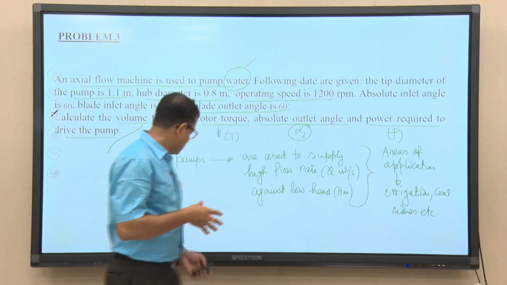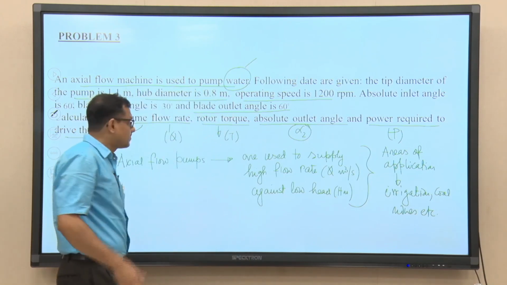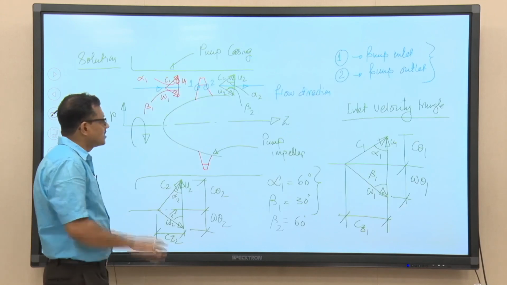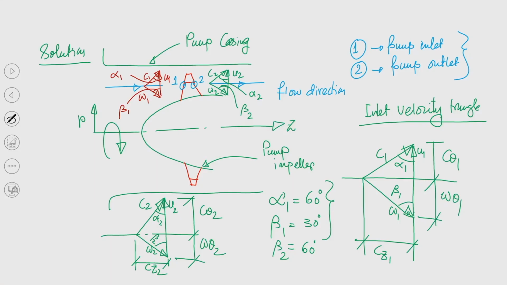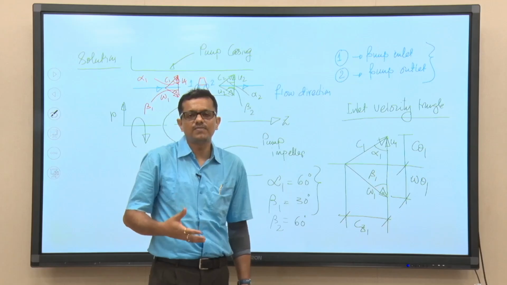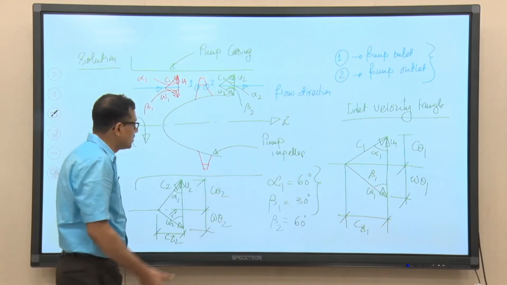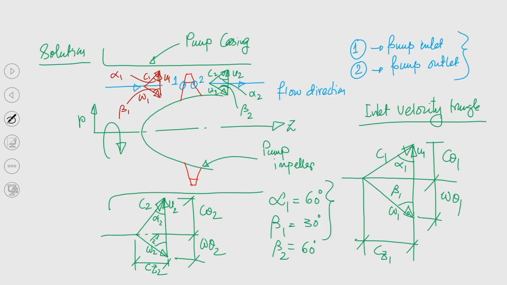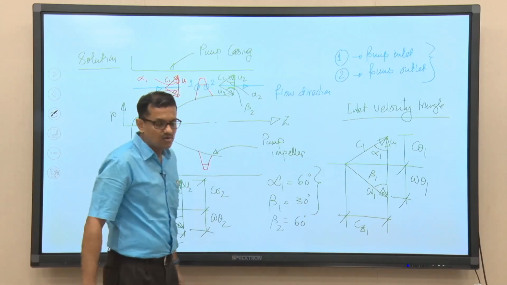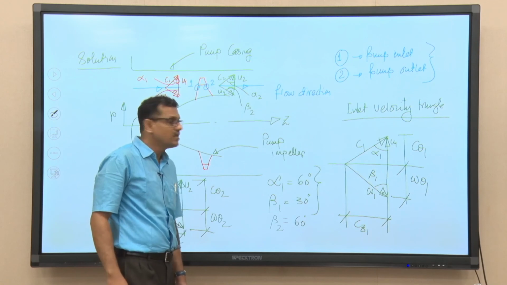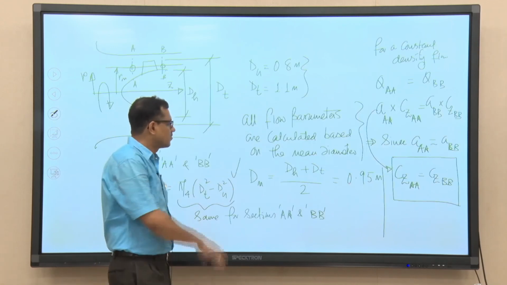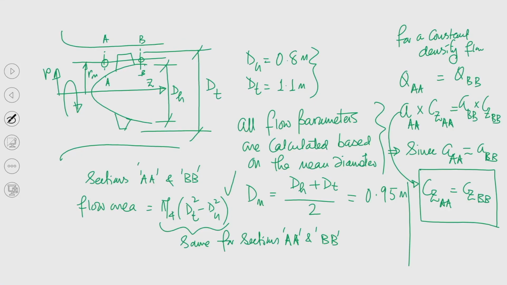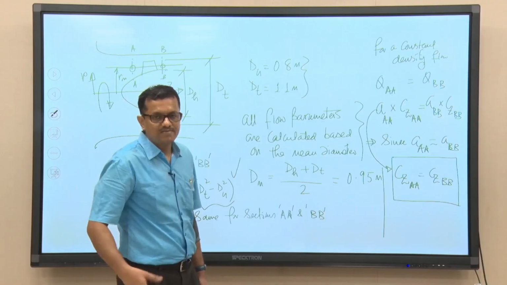Using those concepts, we drew the velocity triangles, which helps a lot in solving the problem. Then we listed down the parameters given in the problem statement, and then calculated the other important velocity components and angles.